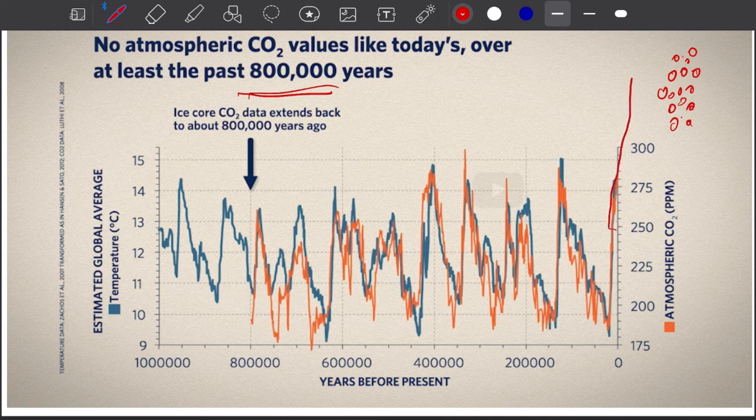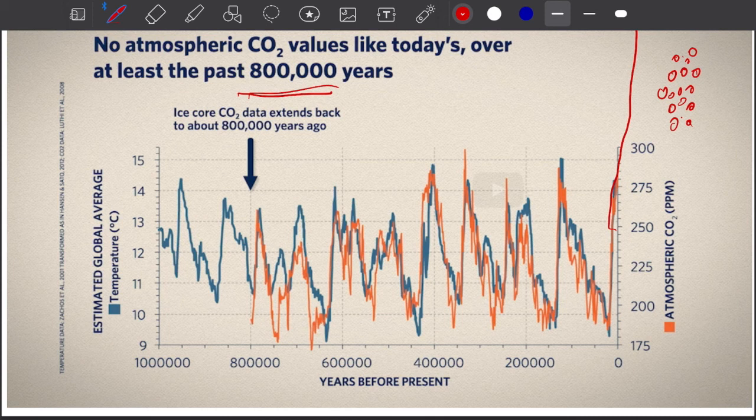Currently the CO2 pattern is much higher. It is moving this way. This has not happened in the past 800,000 years. The current concentration is very high. And why is this so? Because in the past 800,000 years we were not there.